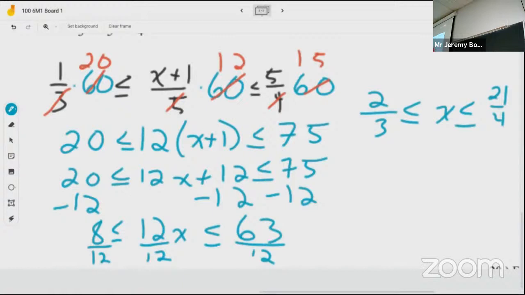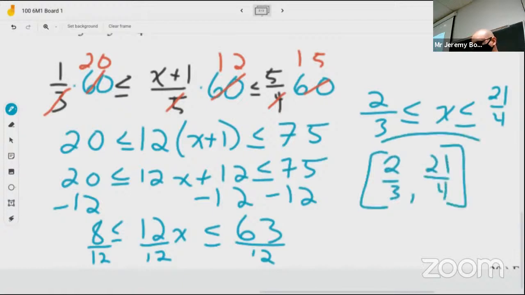Yep. And so our interval notation is going to be bracket 2/3, comma 21 over 4. So it won't always work out that you get a nice integer number for these. Any questions on 19?